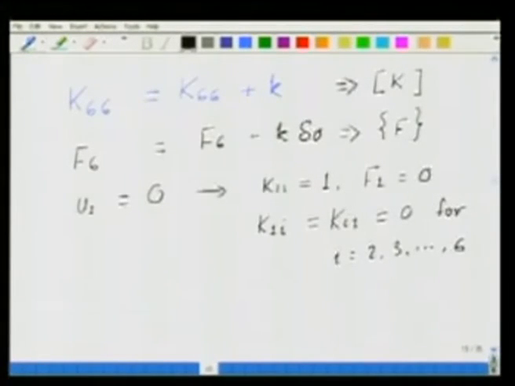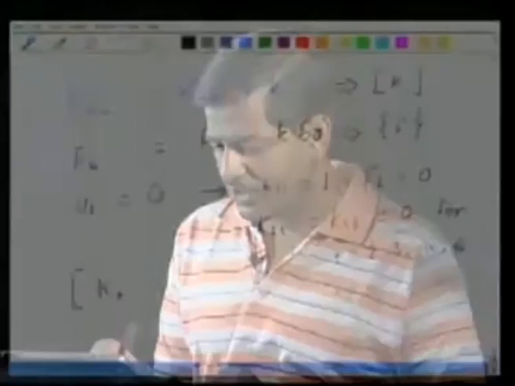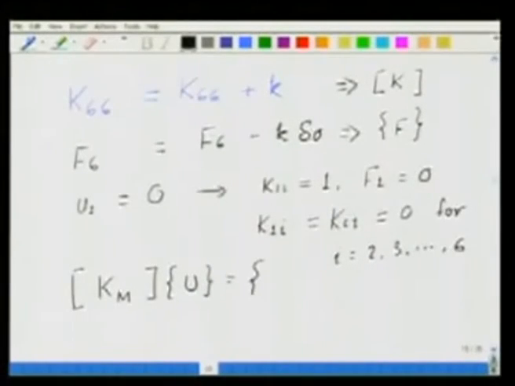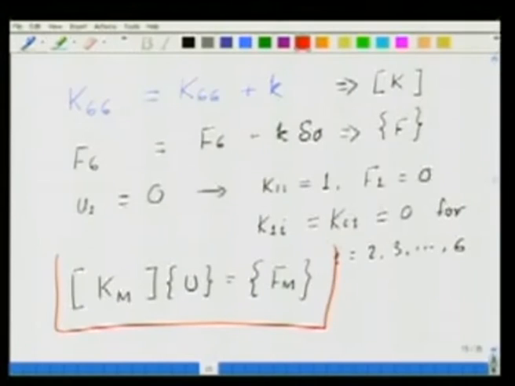So, once we apply these conditions, I will get the modified K, which is what we have to solve.